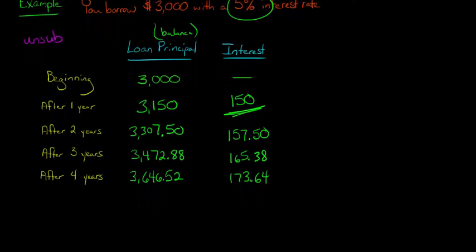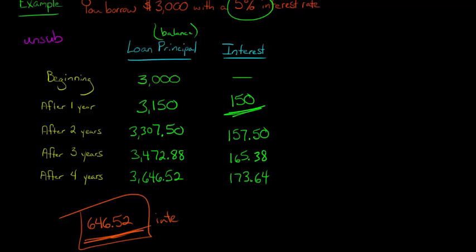So if we take the $3,646.52 and subtract the initial $3,000, that means that over the course of your college experience, that $3,000 loan got you $646.52 in interest.